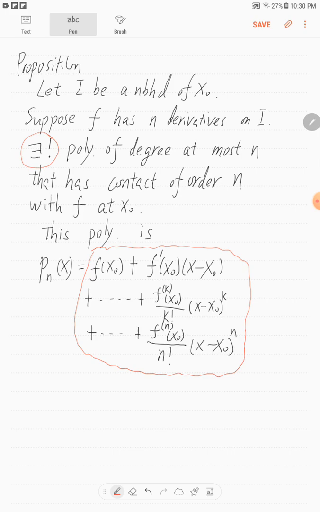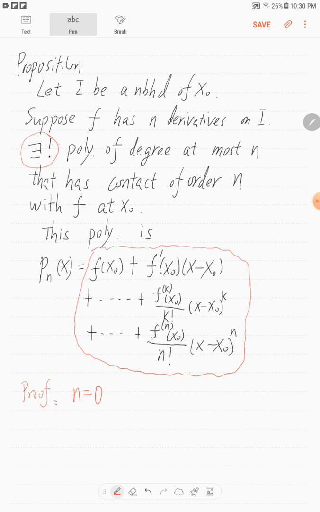So now let's look at the proof for this proposition. The first case is n equals 0.